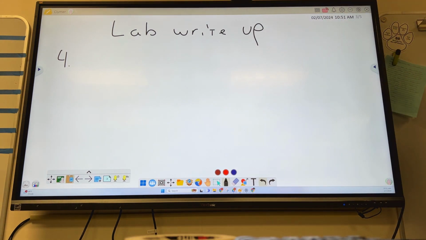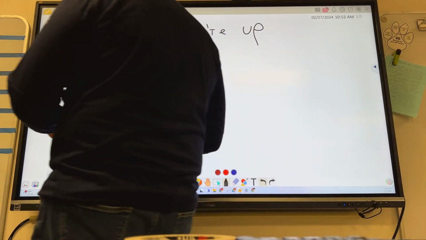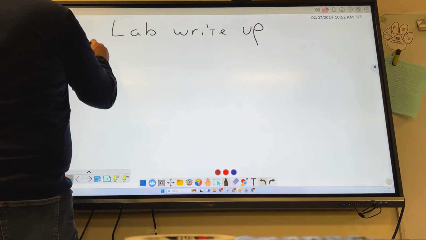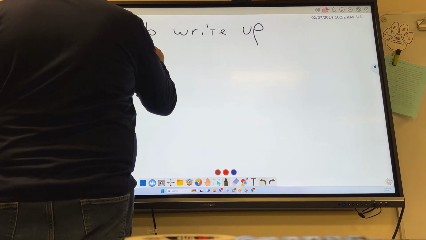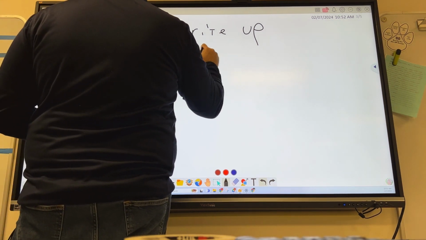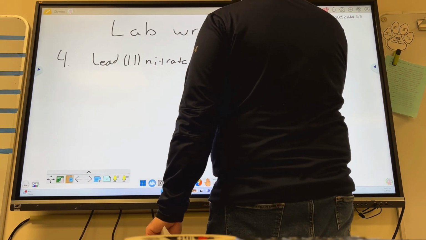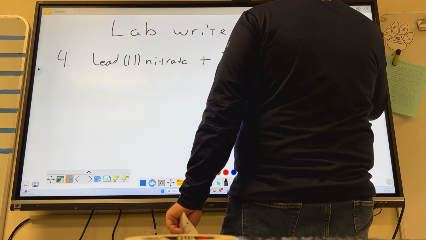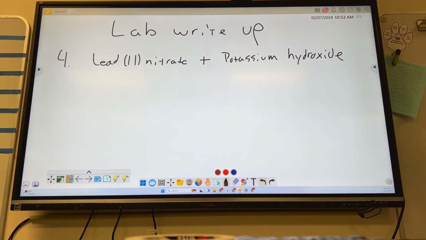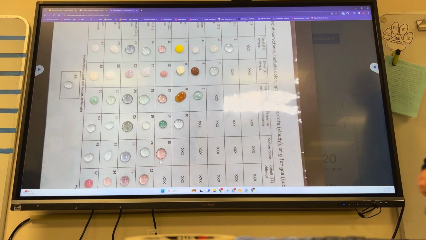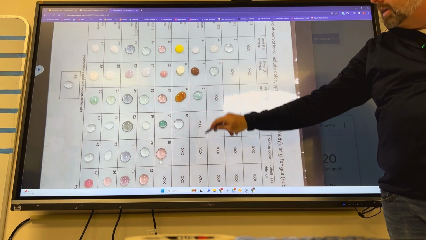Now I'm going to write them down here, the actual names of those things, but if in your write-up you want to just put the formulas, that's fine. But for the sake of doing this from square one, I'm going to say, okay, so we added lead nitrate. We added to that potassium hydroxide. Right? This is what happened in box 4. These drops that you did in the lab, in this box, you added potassium hydroxide all across here.